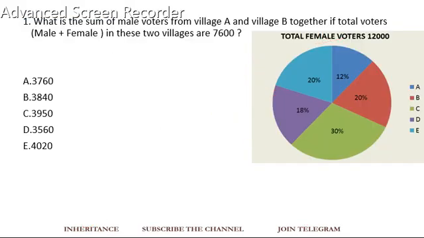So the first question: what is the sum of male voters from village A and village B together if total voters, male plus female, in these two villages are 7,600? We don't know the data of male villagers, we only know the female voters. So we need to use this data carefully, only when it is needed.